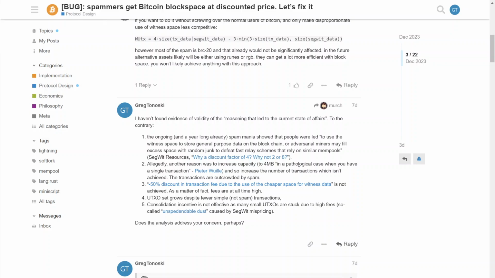Another reason was to increase capacity, or just scale Bitcoin. So through the discount, the blocks could be bigger, and there was the expectation that many more transactions could be processed.